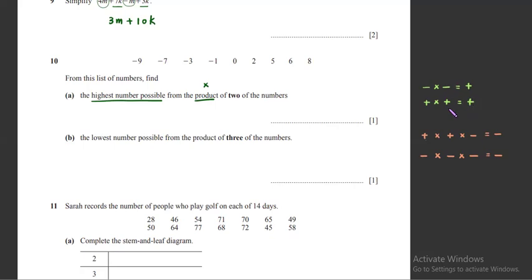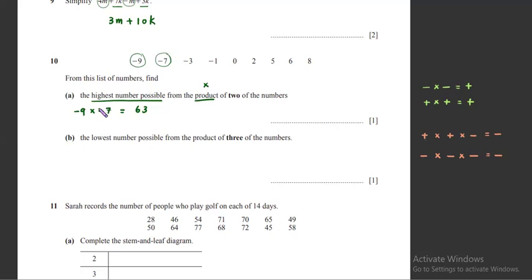Which means when two negative numbers are multiplied, if it gives a positive number, means we're going to pick these two numbers that are given here. So when we consider this negative 9 and negative 7, we end up getting 9 times 7, that is going to be equal to 63. So negative 9 times negative 7 is equal to 63, but this 63 is positive.